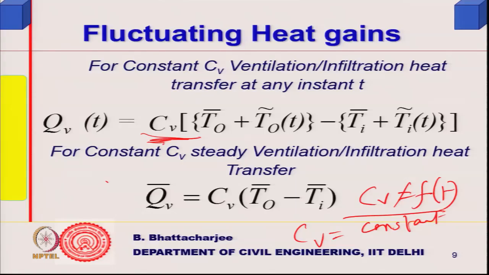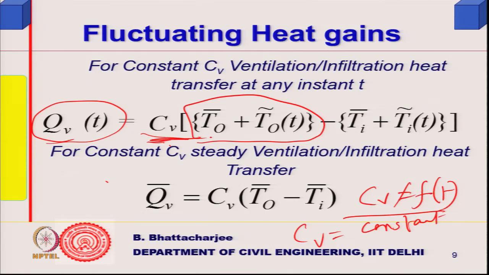So at any instant the heat transfer due to ventilation should be CV into outside temperature minus inside temperature. Now, outside temperature has two components, the mean and the fluctuating, and inside has a mean and a fluctuating component too.